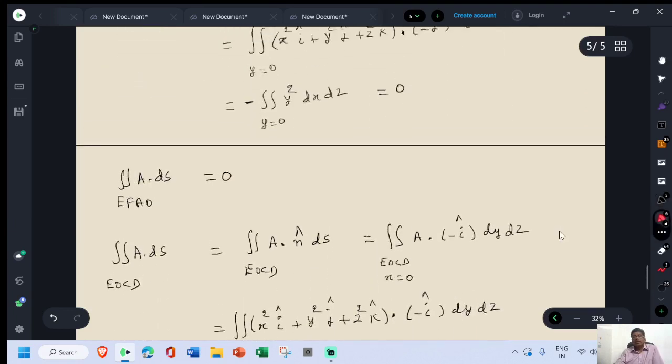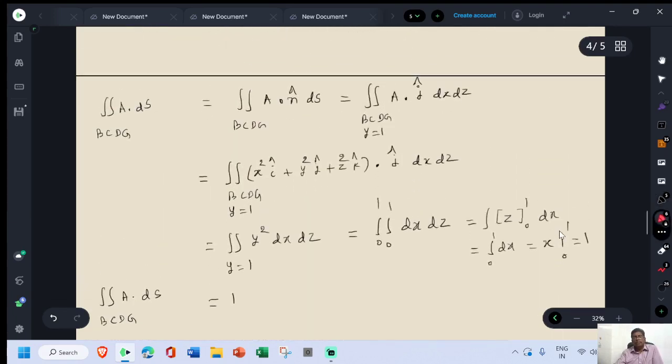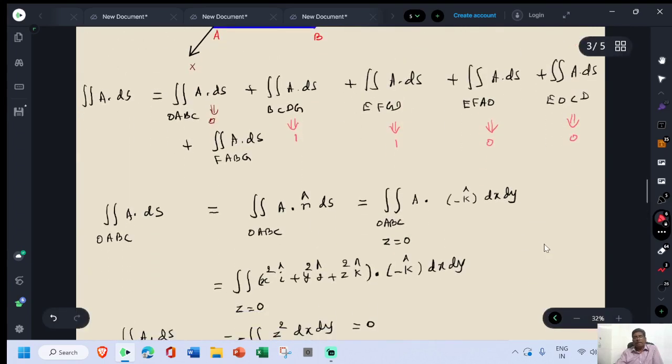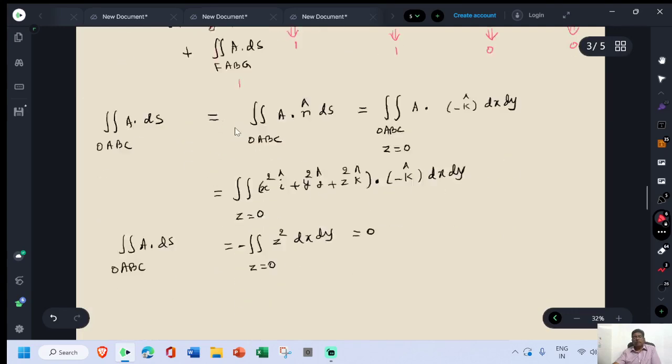Now go to this. This is 1. Therefore, if you add these six integrals, 1 plus 1 plus 1, we get 3.